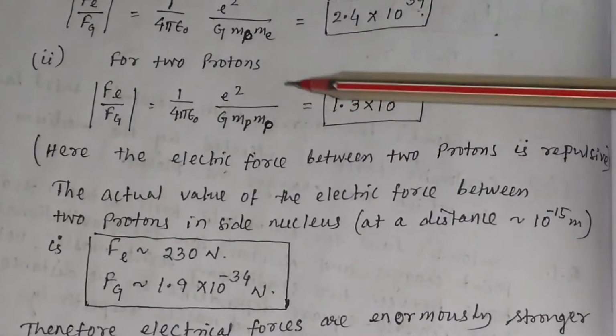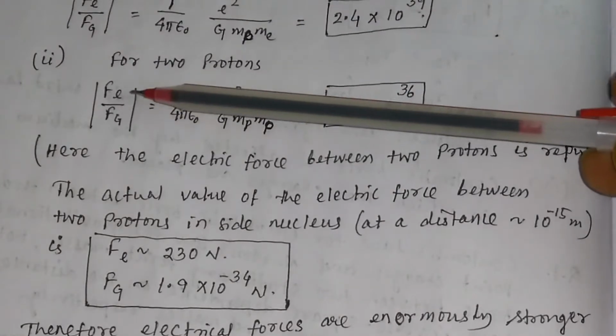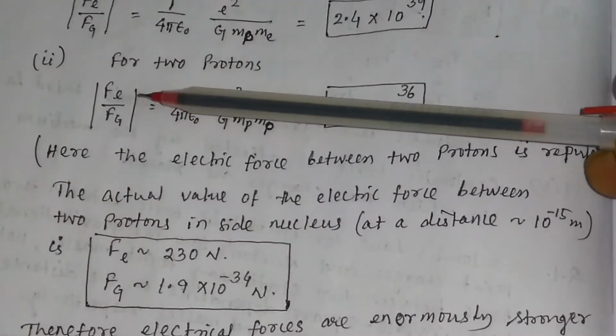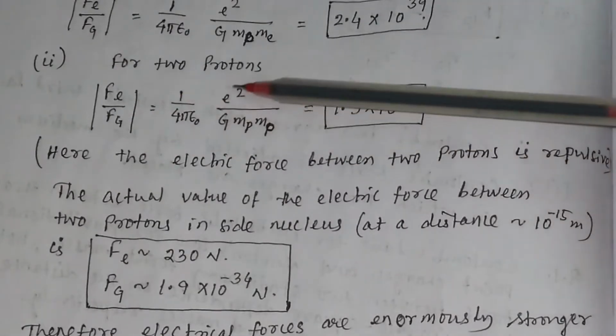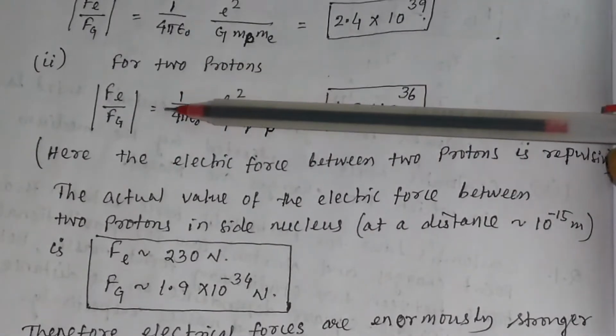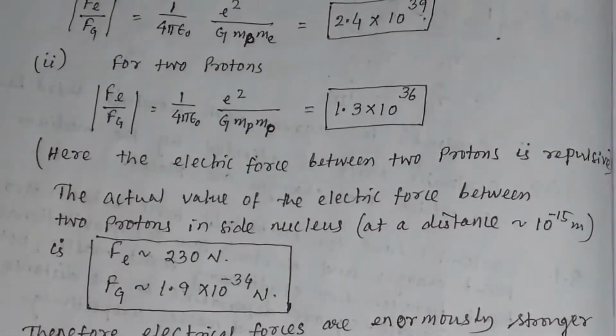Similarly, if we take the ratio of the electrostatic force between two protons to the gravitational force between two protons, you will get this formula.